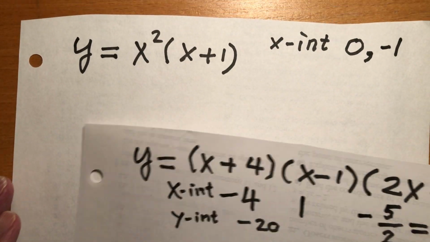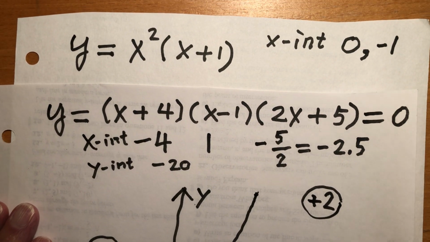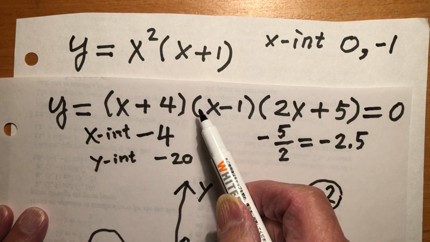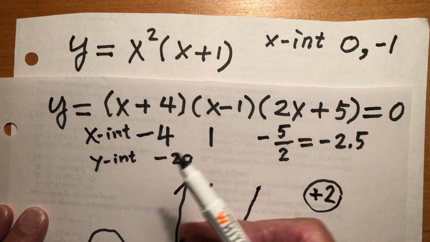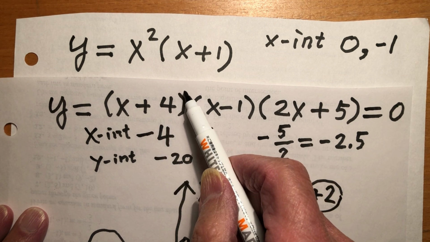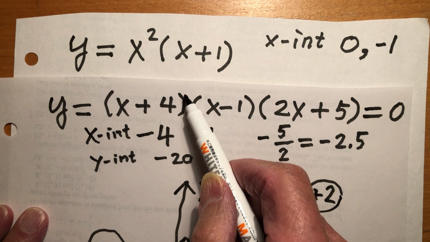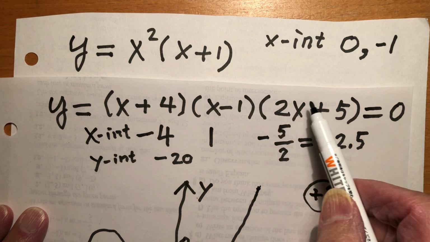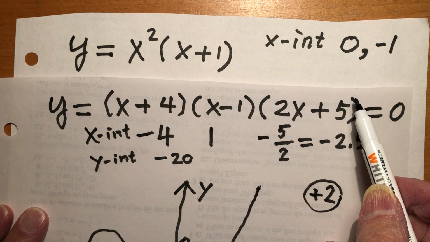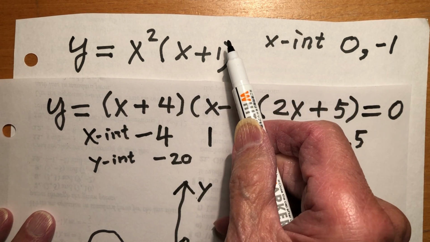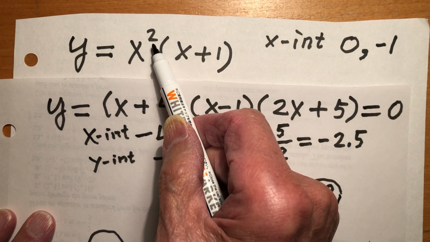Let's go back to the first example. In the first example, I have 3 brackets. Each bracket, the exponent is 1. 1 here, 1 here, 1 here. But for this example, here is 1, but here is 2.